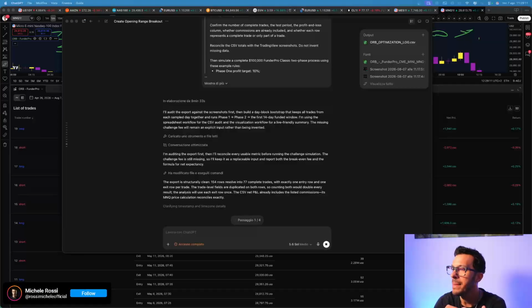This means we may see a higher number of fast passes and a higher number of failed accounts. At 0.25% risk per trade, the account is much safer, but reaching 10% can require many more trades because the challenge duration is unlimited. In this example, slower is not necessarily a problem.